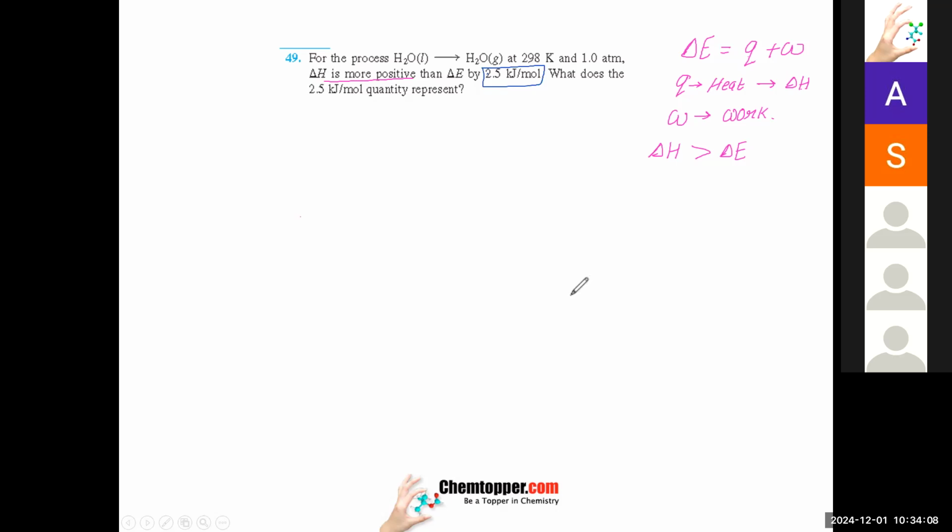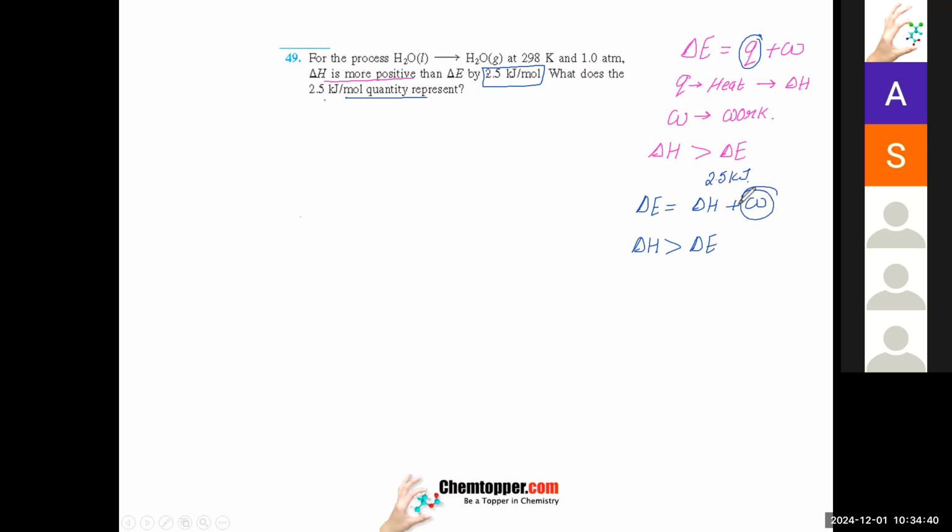So the question is, what does this 2.5 kilojoules per mole represent? It is work. If this Q is more, this delta H, I can write the equation like this. Delta E is delta H plus W. Now delta H is more than delta E by 2.5 kilojoules of energy.